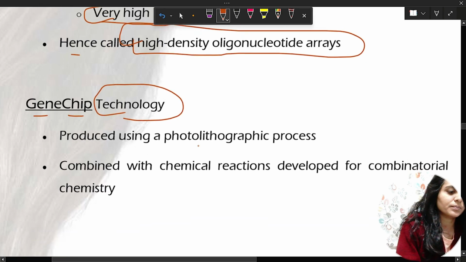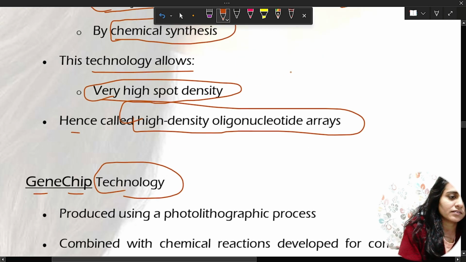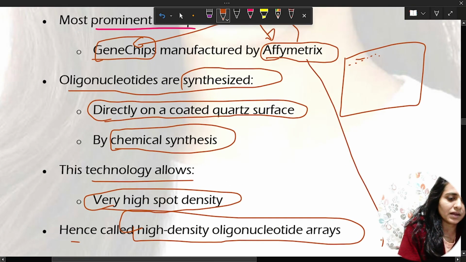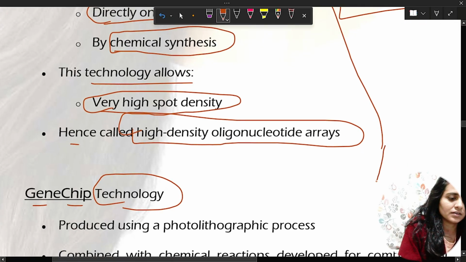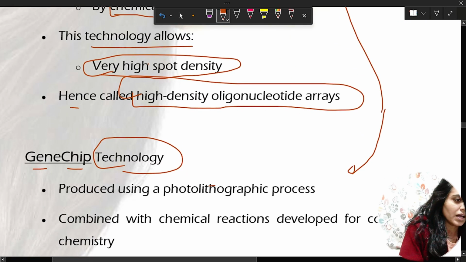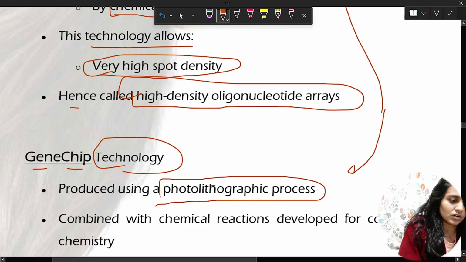What is gene chip technology? How does this company make these gene chips? They use a photolithographic procedure. What is this procedure?